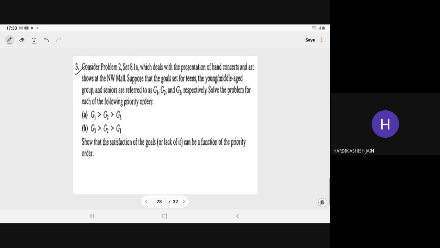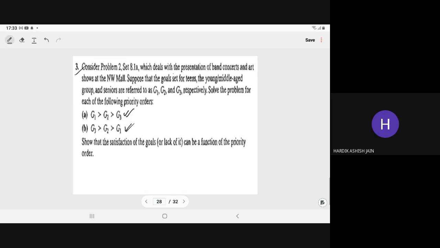Solve the problem for each of the following priority orders. So now we are giving the priority to teenagers over the middle age over the senior citizen. In the B part, we are giving the priority to the senior citizen, then the middle age, then the teenagers. So first you have to decide the priority, whom you want to give the priority.